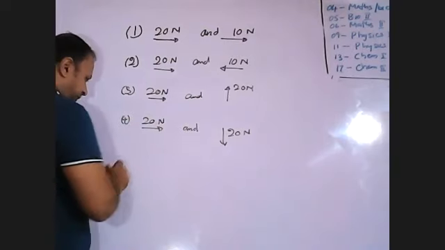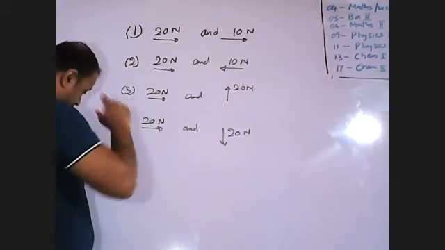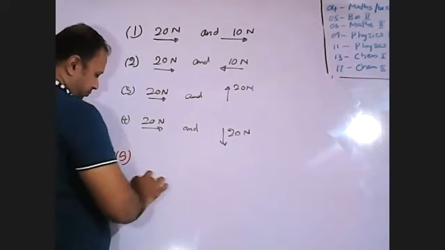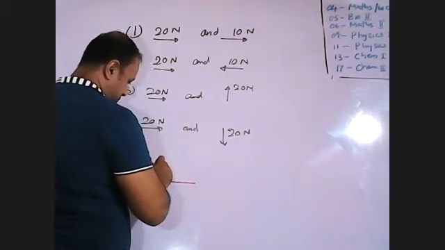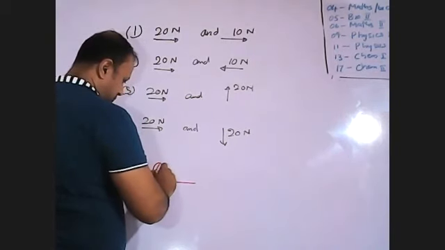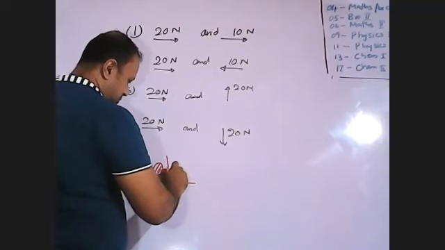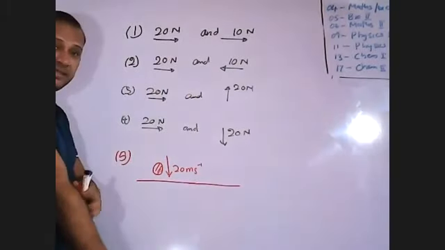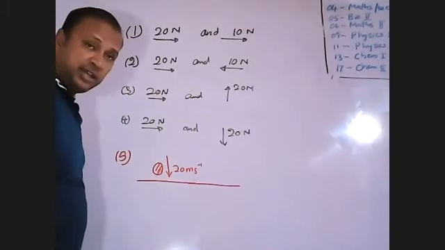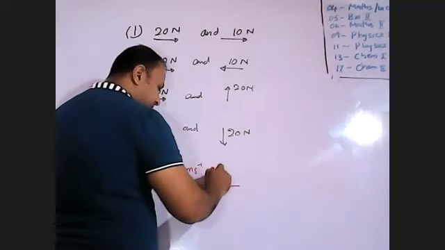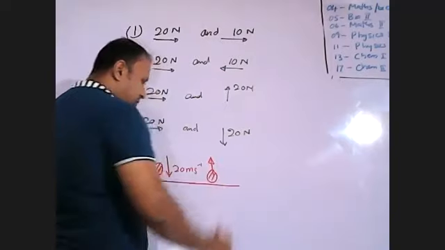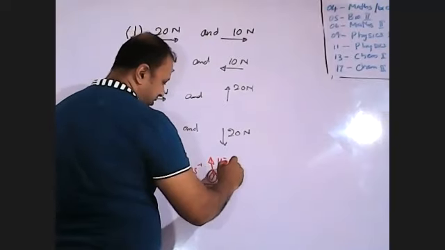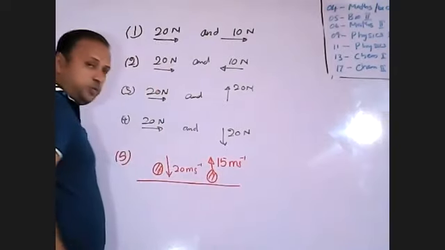Then the fifth question. Suppose a ball hits the ground at 20 m/s and bounces back in the upward direction with 50 m/s speed.